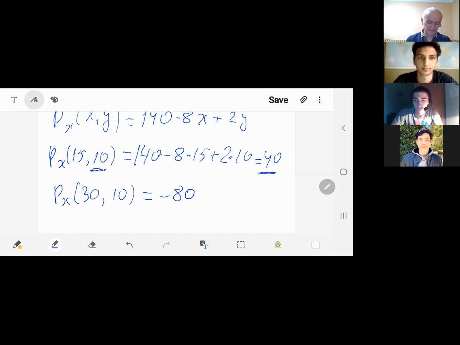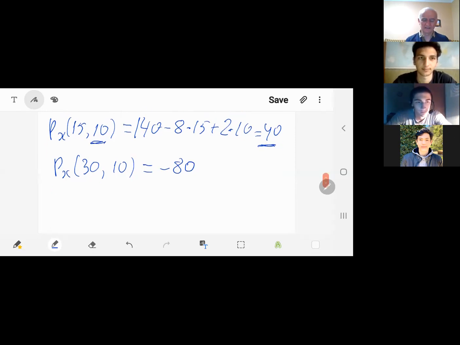How can we interpret the second result in the same way?